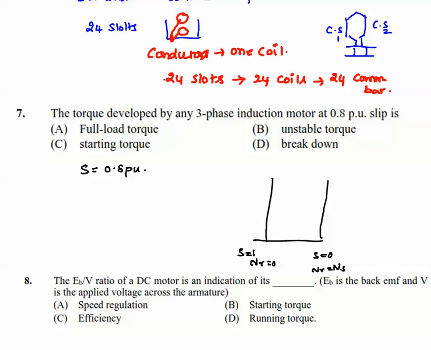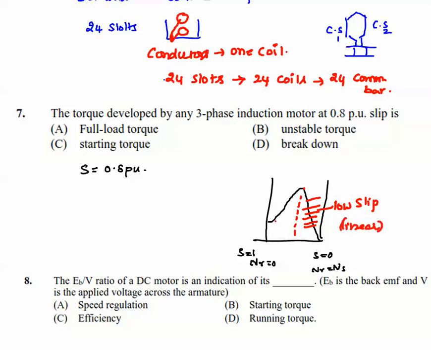The characteristics will look like this, approximately. Up to this point, this region is called the low slip region, where the characteristics are similar to linear characteristics.